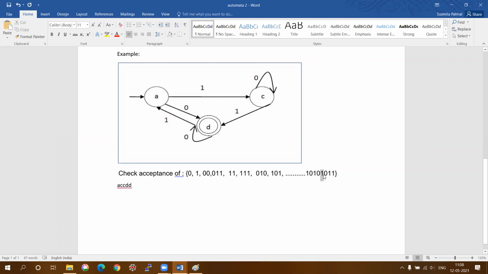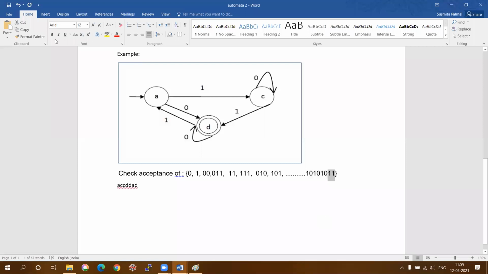Then the next symbol is 1 from state D. That means using 1, we are going from D to A. So I am going to A. Next symbol is 0. So from A, using 0, we are going to state D. And what is the remaining string?